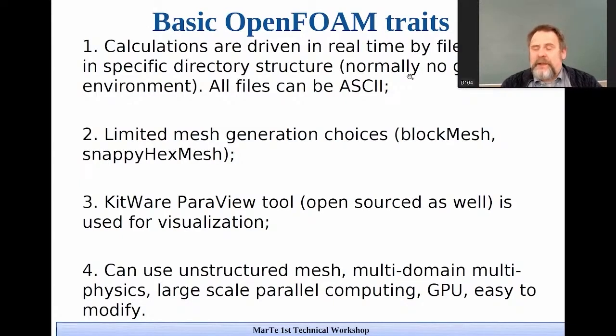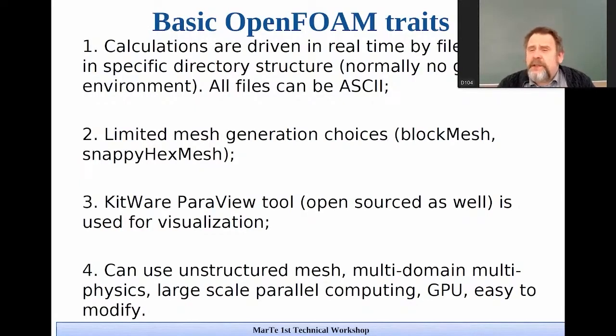The solver gives you results, and if you modify those files, the solver reacts. Let's say you say that from that moment we will use another numerical schema for velocity discretization; it will load the next library and continue to solve your problem.